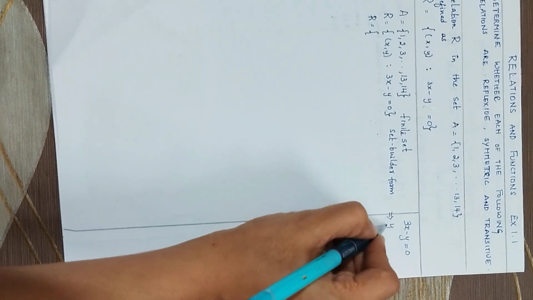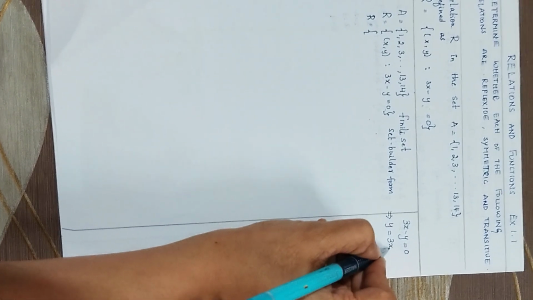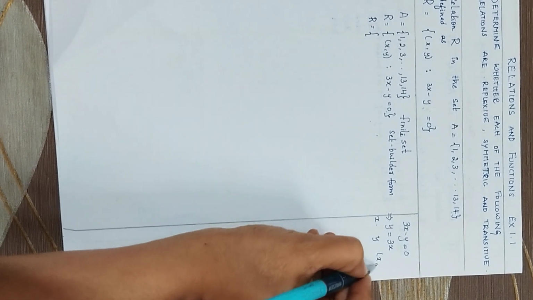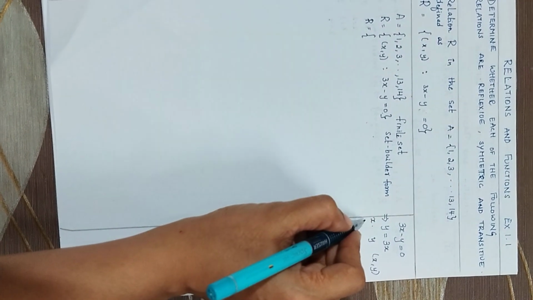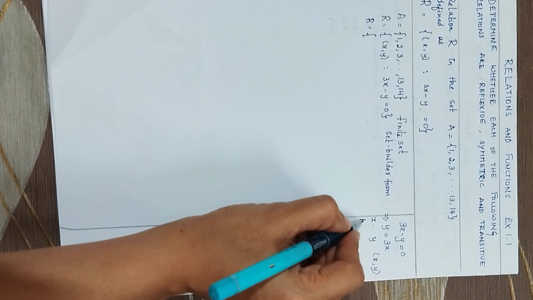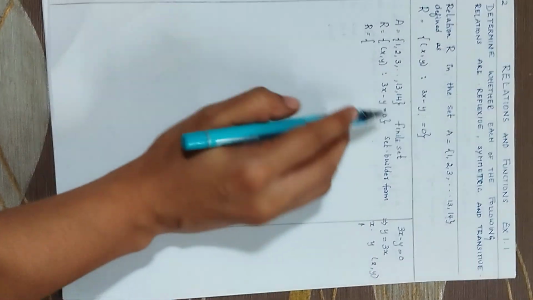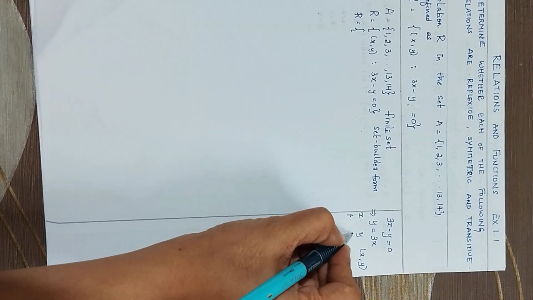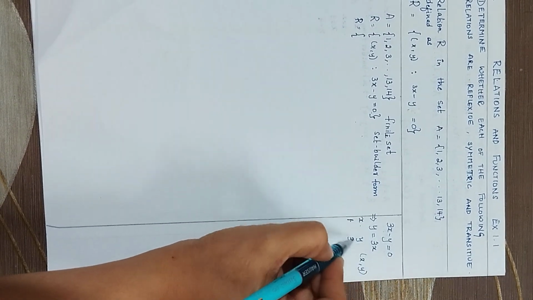This implies y is equal to 3x. Let us give the value x, and get the element (x, y). If you give the input x equal to 1, all these inputs are from this set, so you can give 1 here. The output is going to become 3 times 1, which is 3.